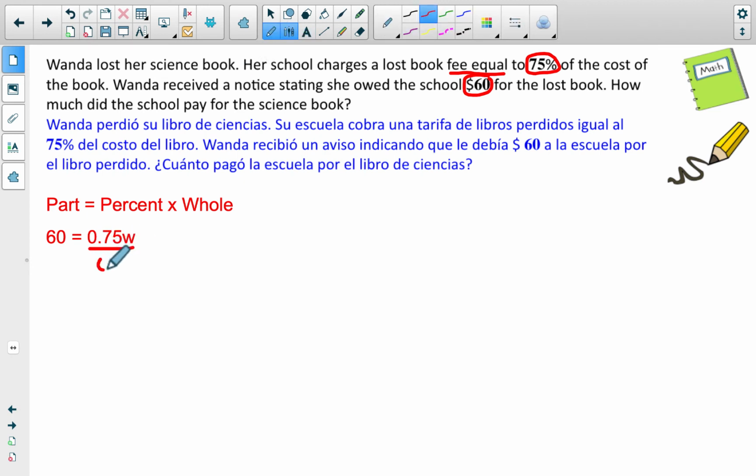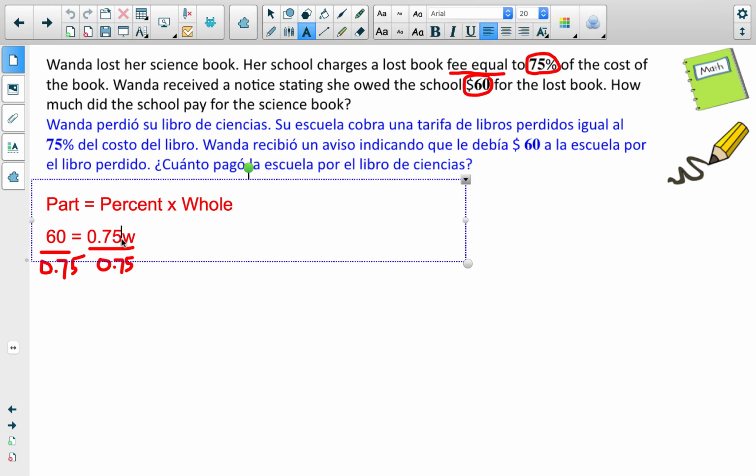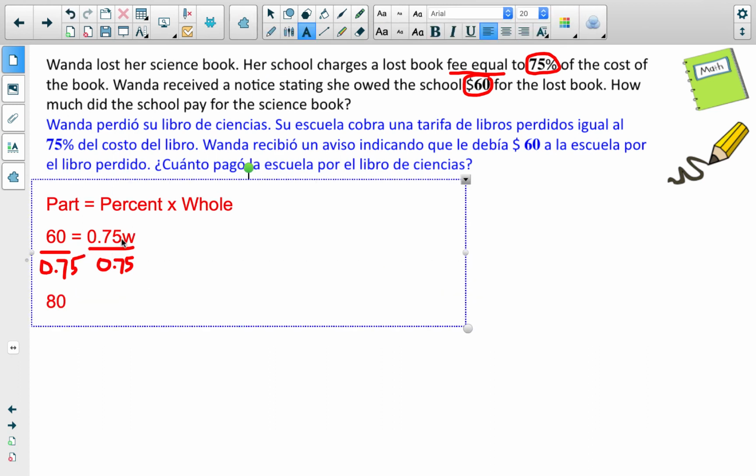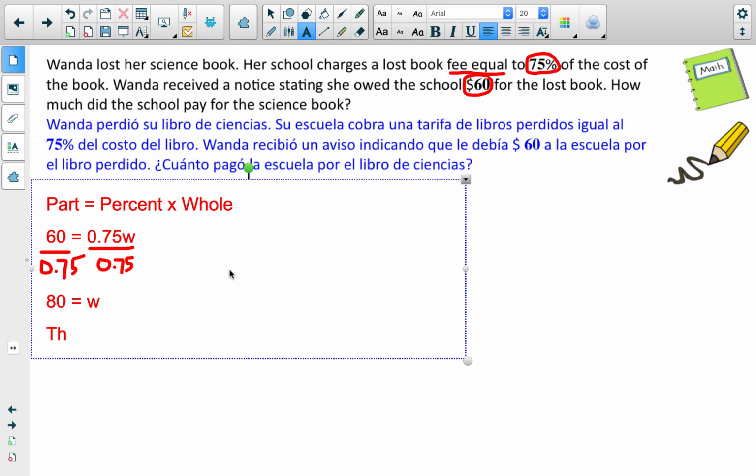So I'm going to divide both sides by the 75% as a decimal in order to isolate W. And when you divide this, you can still rely on a calculator for now because I'm not testing your ability to do the calculations. But this gets W is 80. So the school paid $80 for the science book.